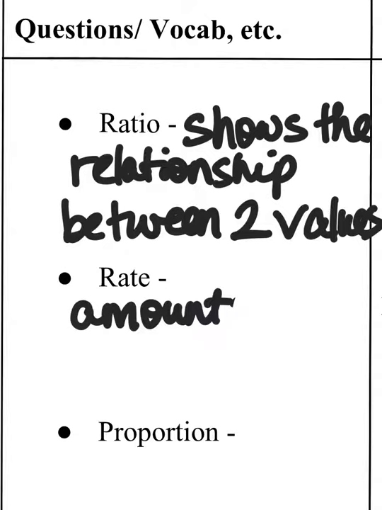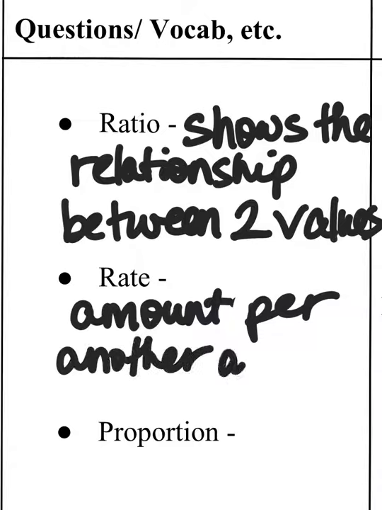The amount per another amount. So you can say the number of girls per class, the number of people per family, right? So those are all showing just a relationship of the amounts of one thing versus another. We'll talk about that in a minute.